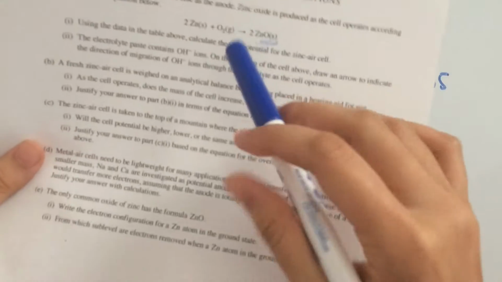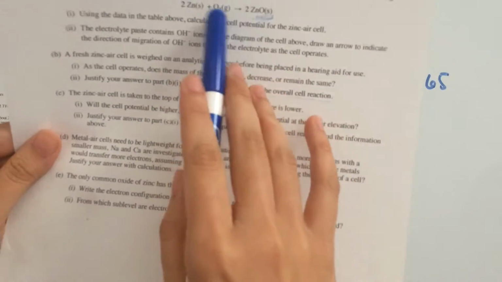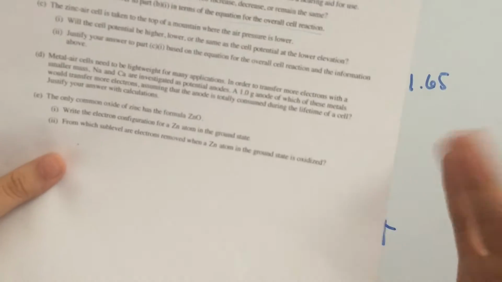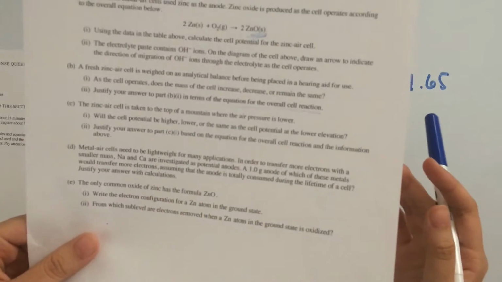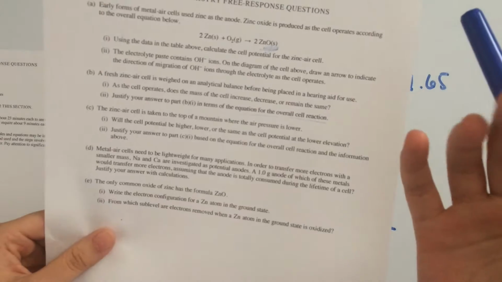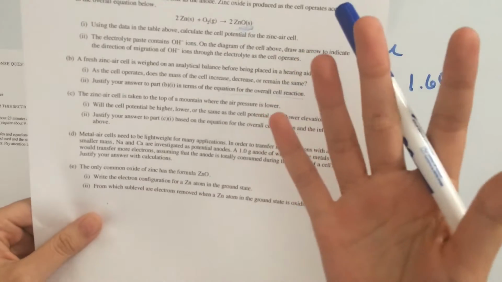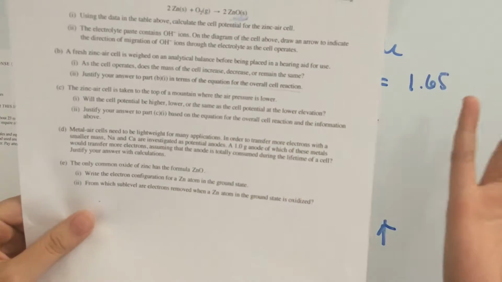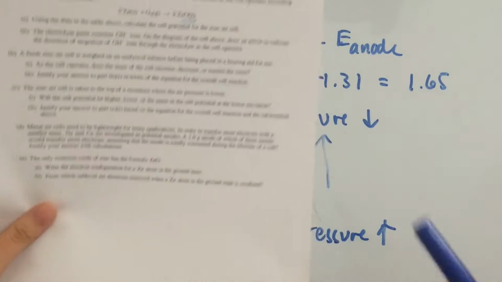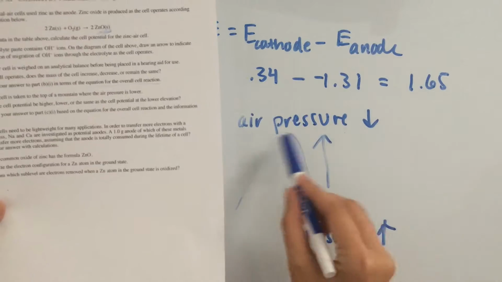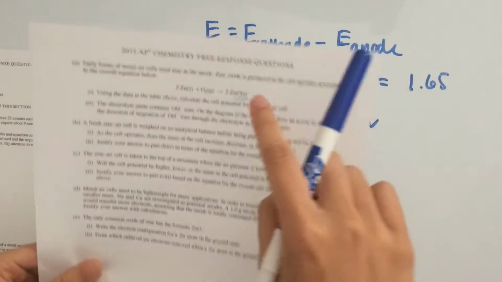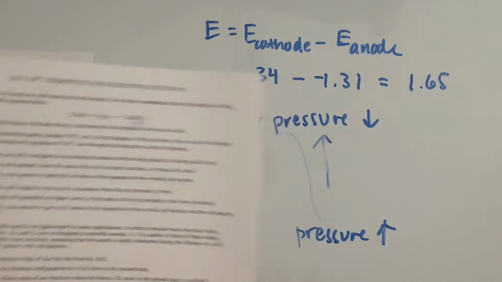Now, going back to the equation, we see that we need oxygen for the cell to function. And that has to do with cell potential, because the higher the cell potential, the more effective the cell is going to work, and the more effective it's going to function. So at higher elevation, there's less air pressure, meaning that there's less oxygen, right?